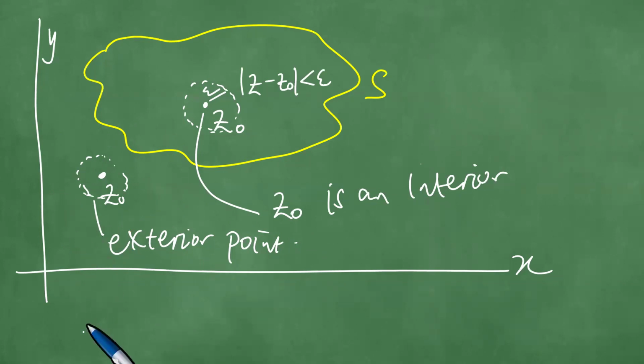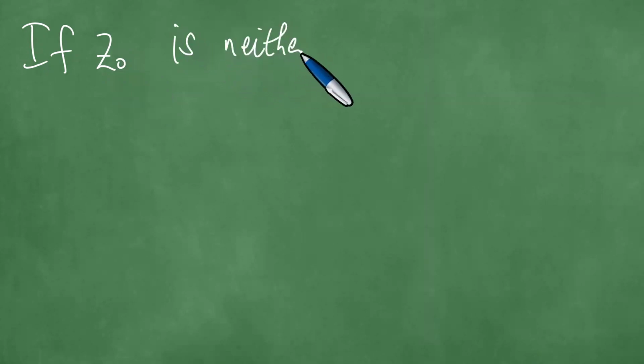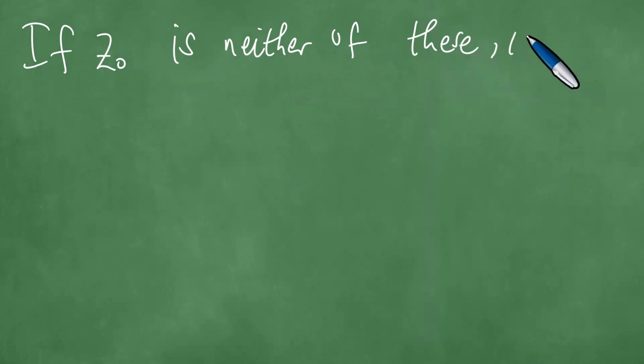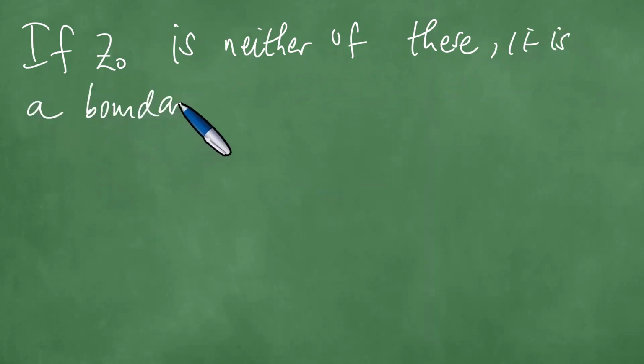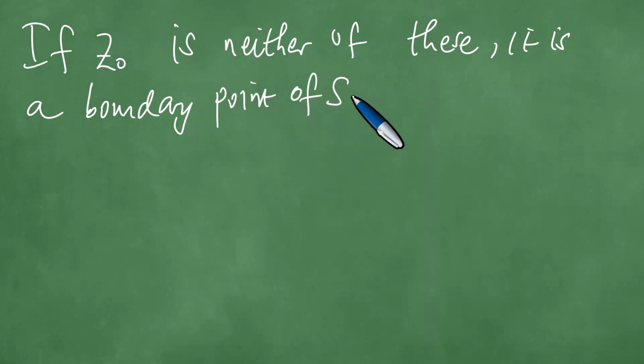What is a boundary point? Now, if Z0 is neither of these, it is a boundary point of S. So if it is not an interior point, but it is not an exterior point, then what is it?